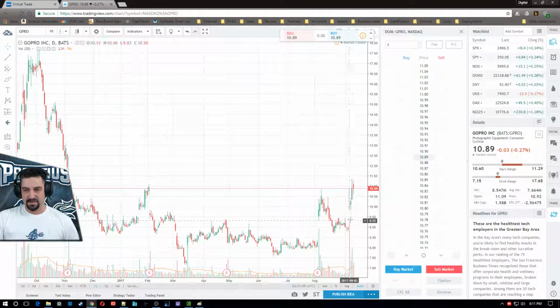And since Thursday of last week, it has gone from just below $9 all the way up to about $11.35. Today it kind of pulled back a little bit, but you can see last Thursday where it opened up a lot higher than its previous close.